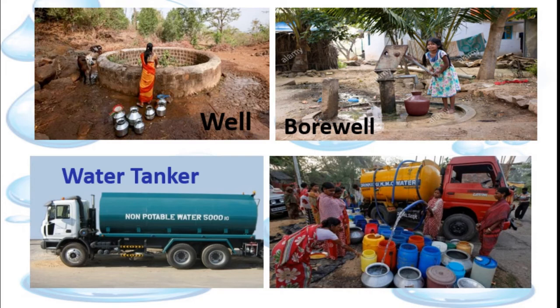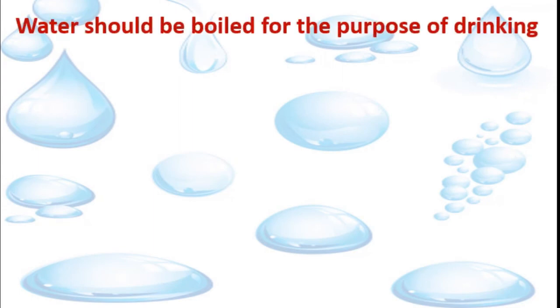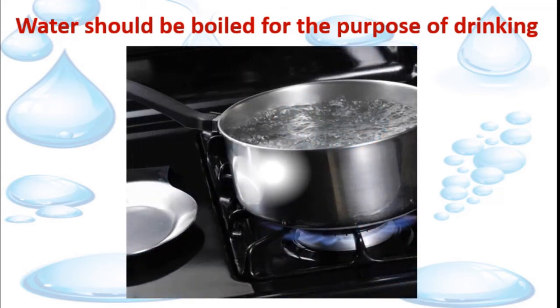Potable means safe for drinking. If the water is not potable, then it should be boiled for the purpose of drinking, because you know, boiling kills the microorganisms present in that water.